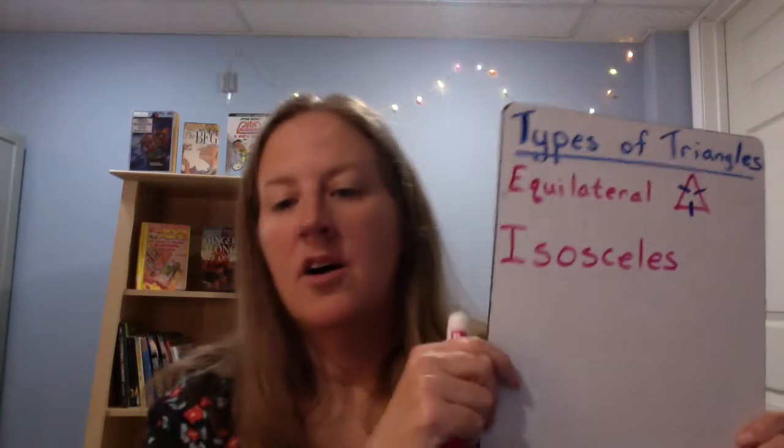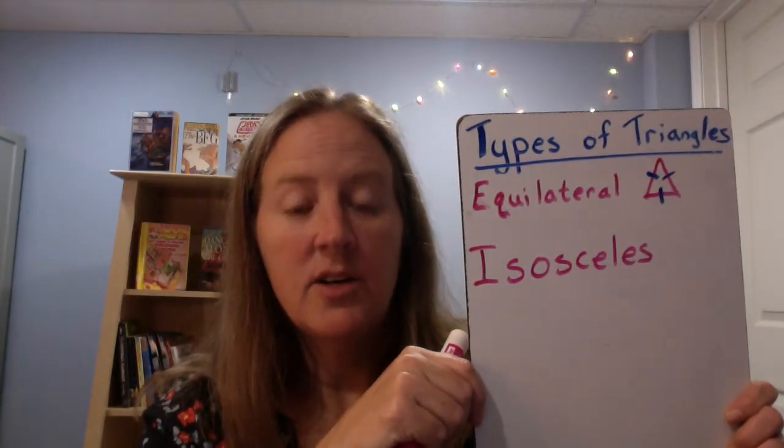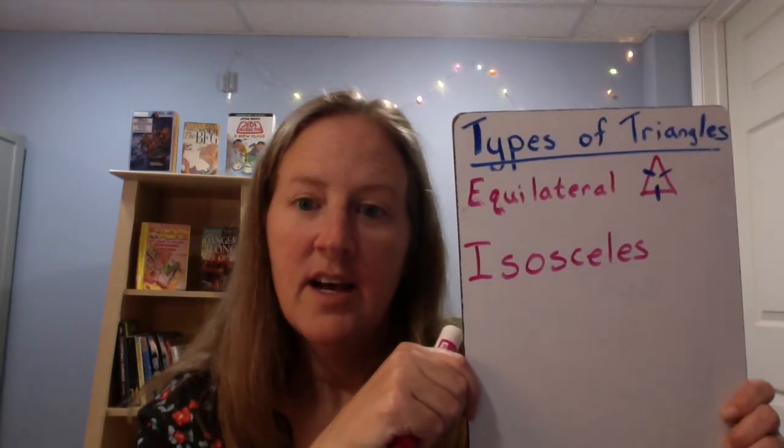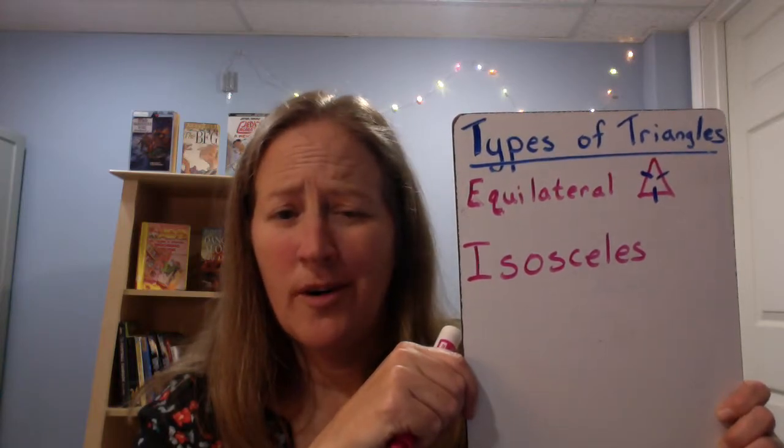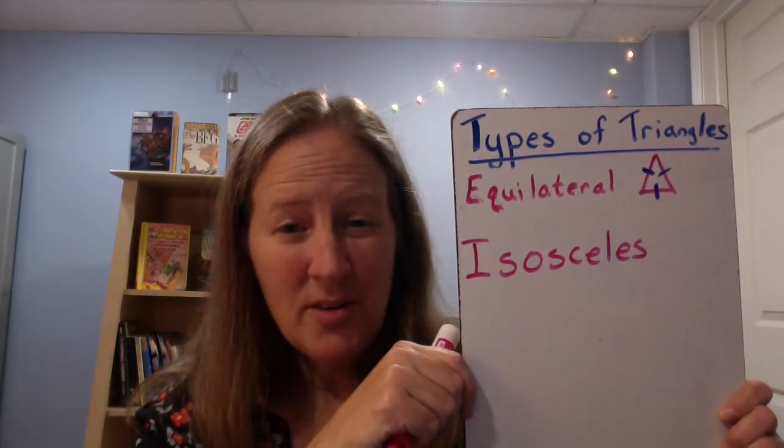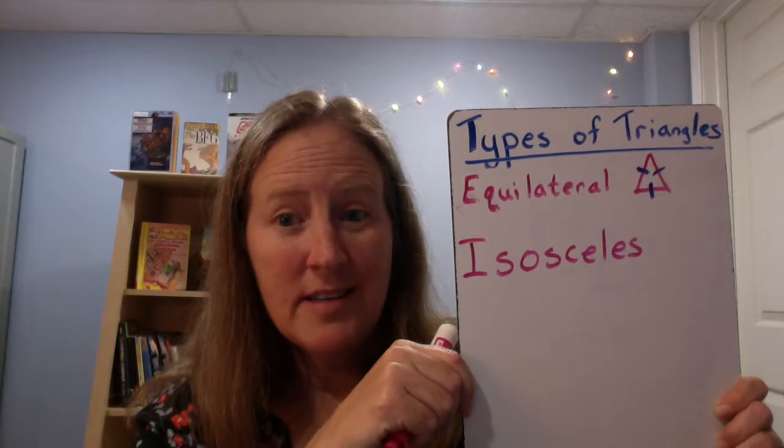The next kind of triangle, I just put my paper on top of the equilateral, where I wrote equilateral triangle. The next kind of triangle is isosceles. We talked about this a little bit when we did our Christmas geometry picture project. Isosceles is such a weird word, and why they use it to talk about a triangle that has 2 equal sides, I don't know, but they do.